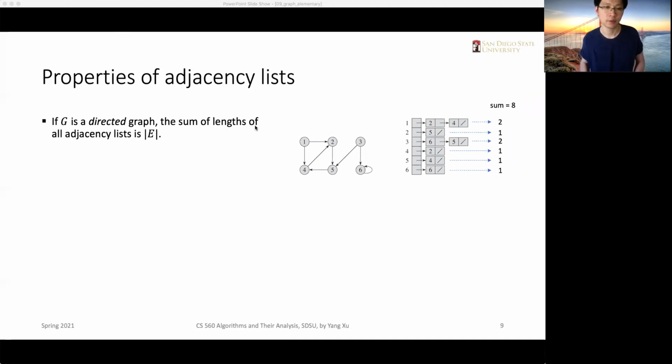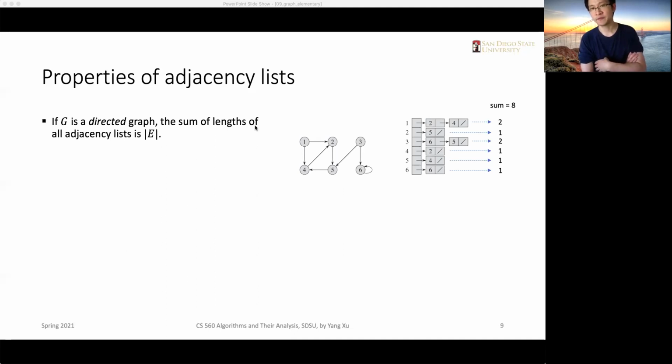You can use this property to estimate the running time efficiencies for some algorithms, right?